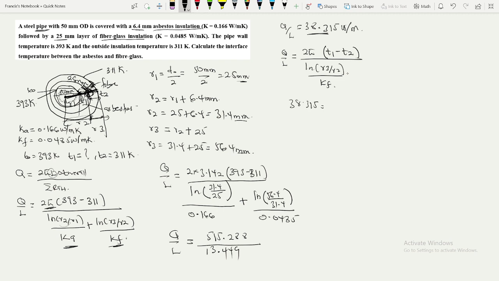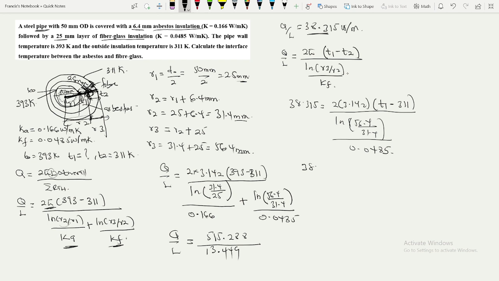38.315 should be equal to 2 multiplying 3.142 multiplying T1 minus 311 all over ln 56.4 divided by 31.4 divided by 0.0485.